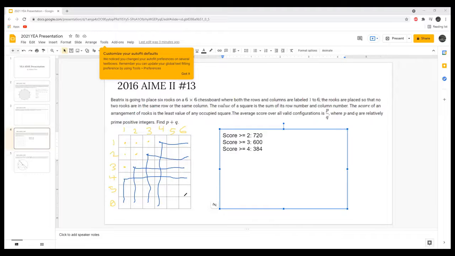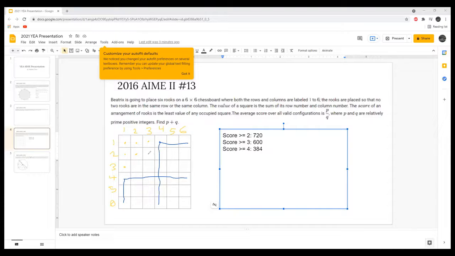So let's go back and see how many ways there were to do this successfully. So the first 2 rooks, there were 3 choices to place over here and 3 choices to place over there. So that means there are 9 choices there.